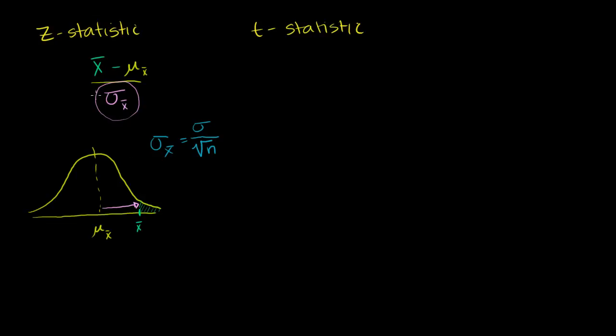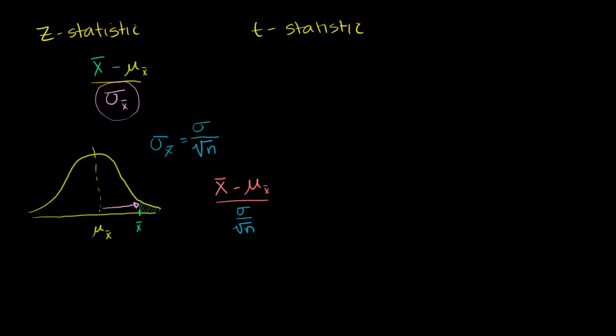So this can be rewritten as our sample mean minus the mean of our sampling distribution of the sample mean, divided by our population standard deviation divided by the square root of our sample size. And this is essentially our best sense of how many standard deviations away from the actual mean we are.